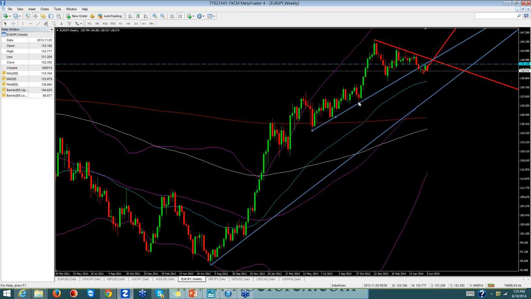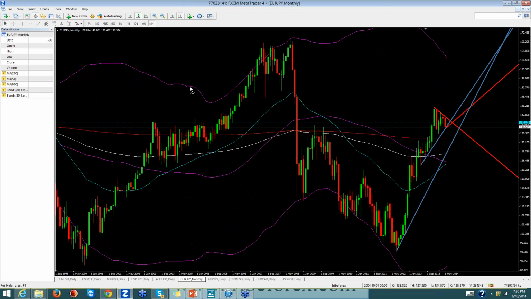And actually, at this point, we're sitting right at an area of support. It's a short-term area of support on the euro yen. So now that I've drawn that, let me take another look here on the lower time frame. Let me go higher first.